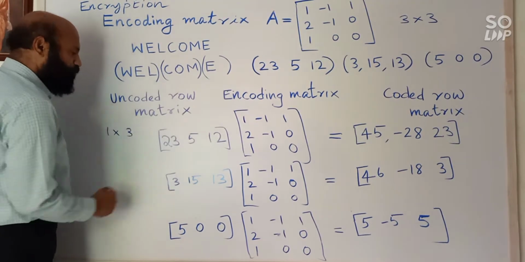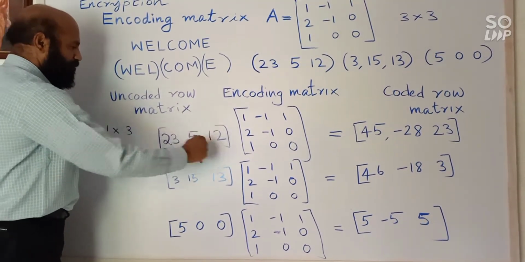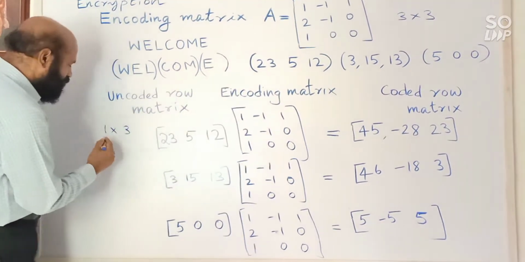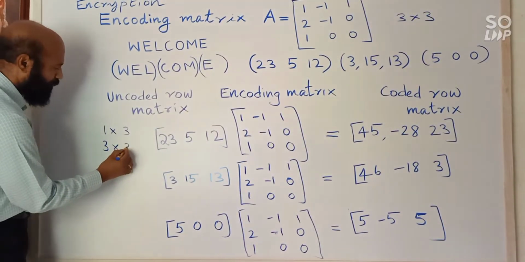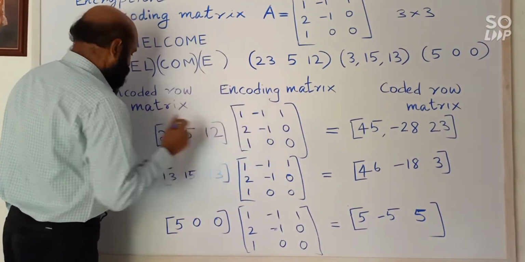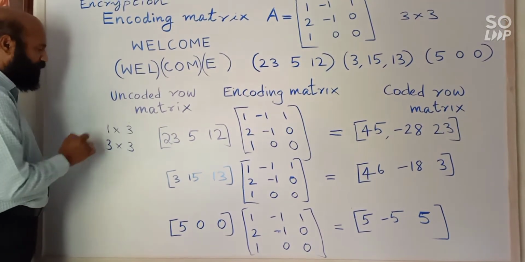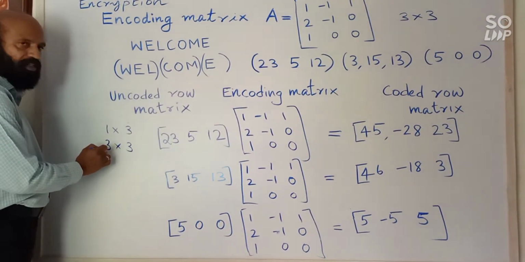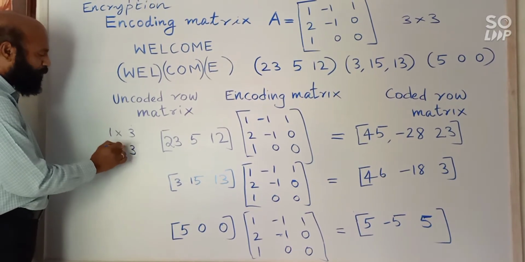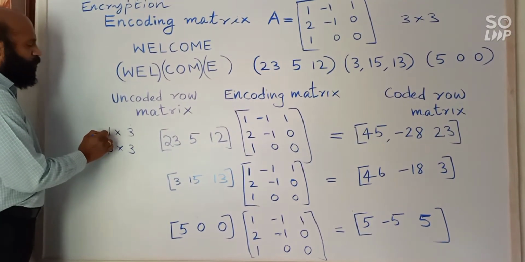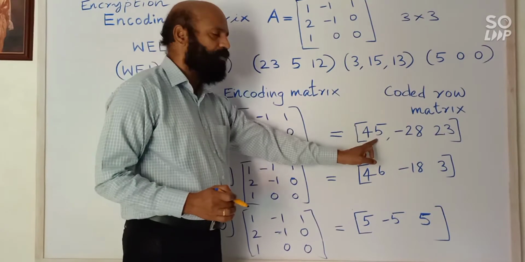There is only one row and 3 columns. Here it is a 3 by 3 matrix. So the number of columns in the first one is equal to the number of rows in the second one. After multiplying, you will get a 1 by 3 matrix.